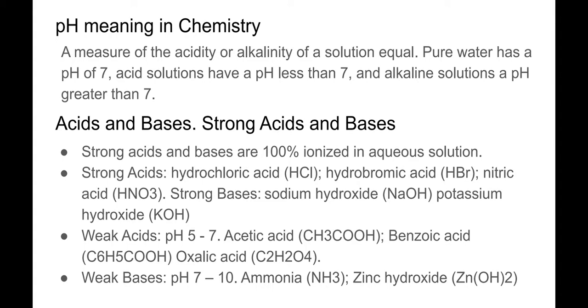It's a very nasty, very bad substance. Then we have weak bases, with pH from 7 to 10, and examples are ammonia water and zinc hydroxide. Zinc hydroxide is a very weak base.